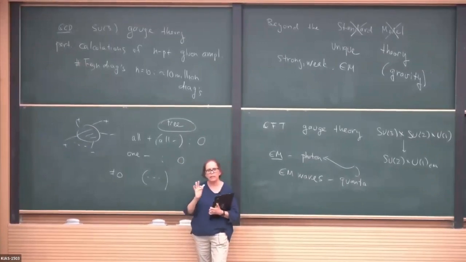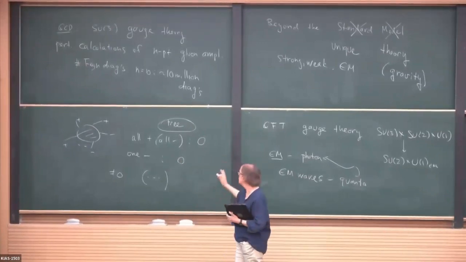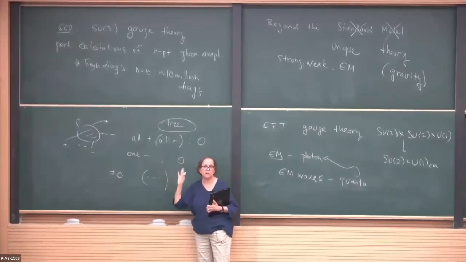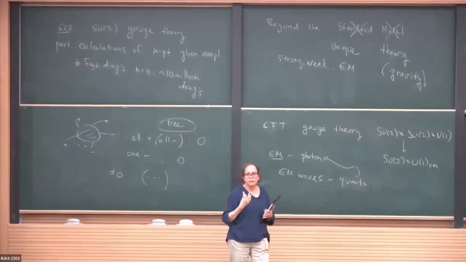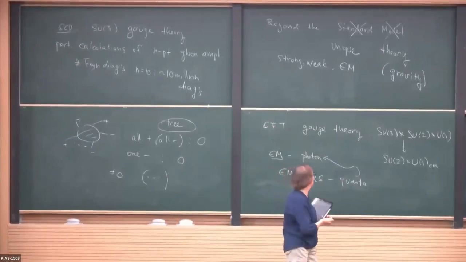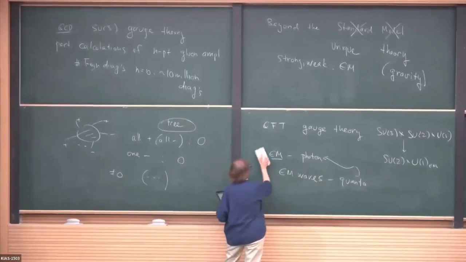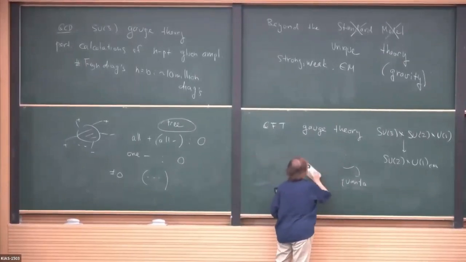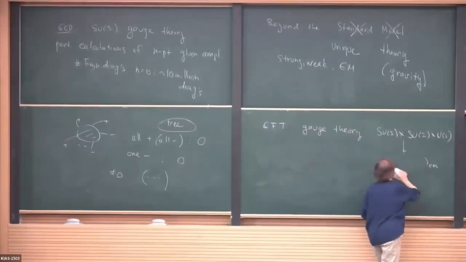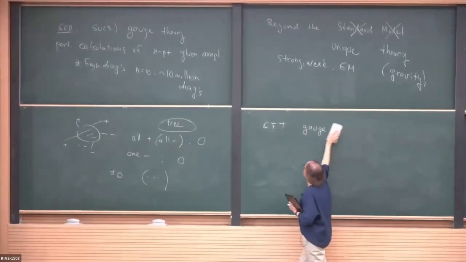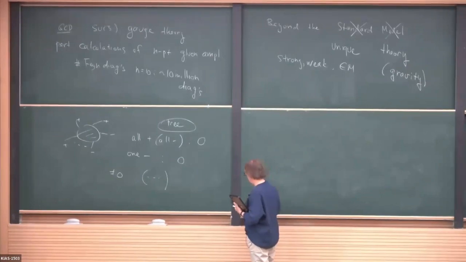Okay, but the main take-home message that I want you to take from this is that Feynman diagrams are not very efficient. And you can guess right away why. When we work with Lagrangians in Feynman diagrams, we're just not treating the gluon very efficiently.